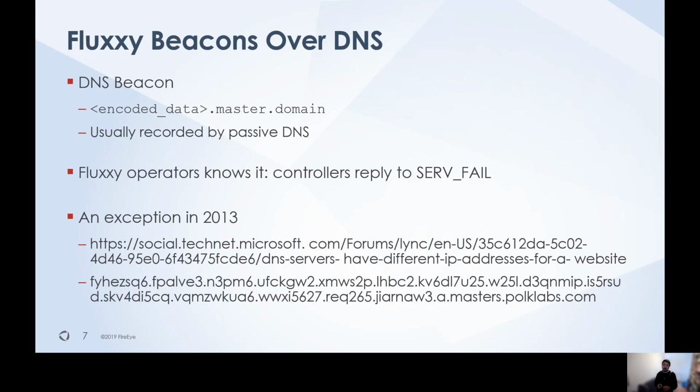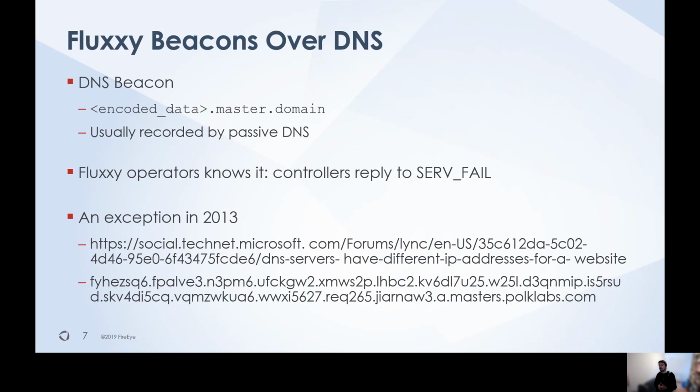But back in 2013, there was an outage and several public DNS servers were failing and resolved all domain names to the same IP address. This was documented on TechNet. And one of the Fluxxy masters was part of that outage.